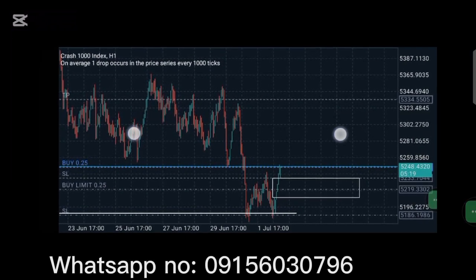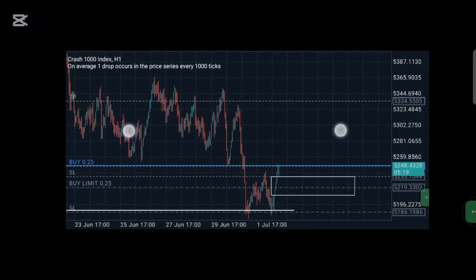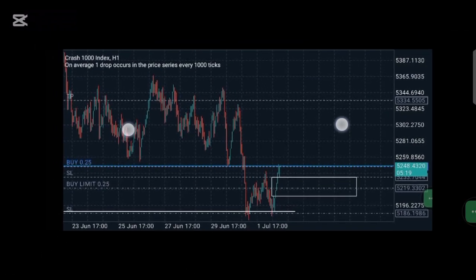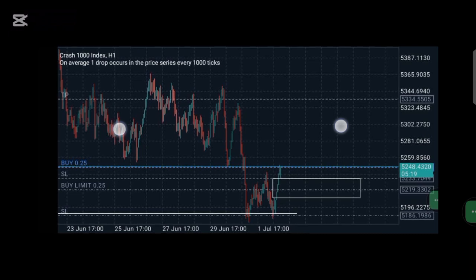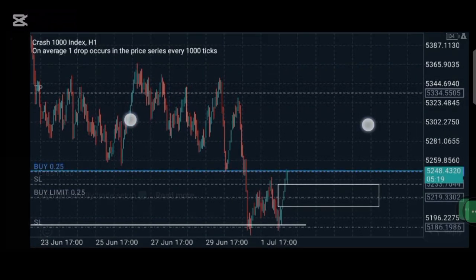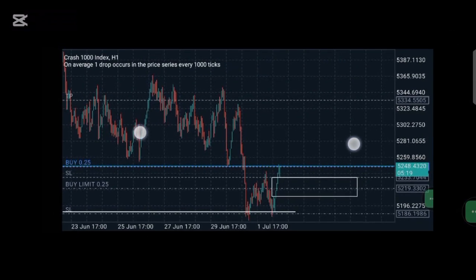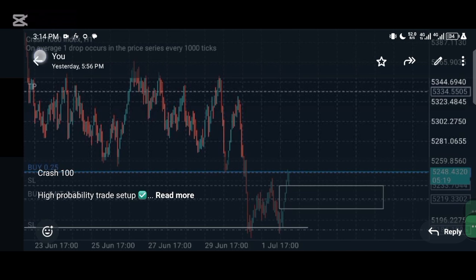So just in case the market wants to retrace back to the breakaway gap immediately, I will still get tagged in. That was why I set a limit order in the breakaway gap, just like you're seeing here, but it did not happen. And you can see my stop loss is still at that level, because anything below there, we are retracing past the breakaway gap, and I need a confirmation. So that was why I set the limit order to be safe.